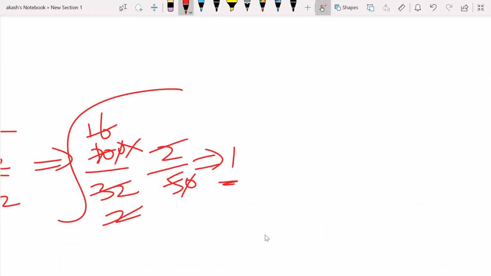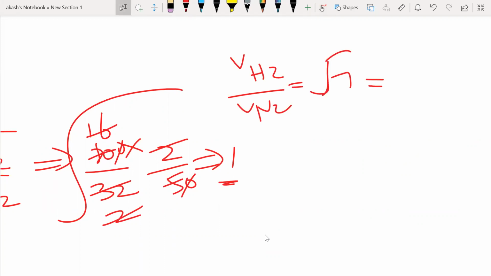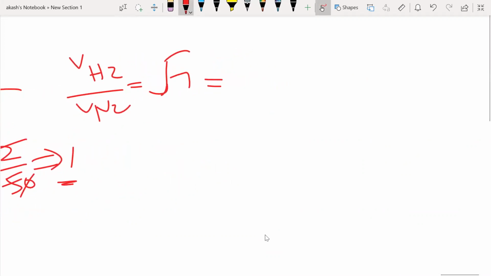So velocity of H2 to the RMS velocity of N2 is root 7, which is equal to, or I can just cancel the roots, that will be better for me.